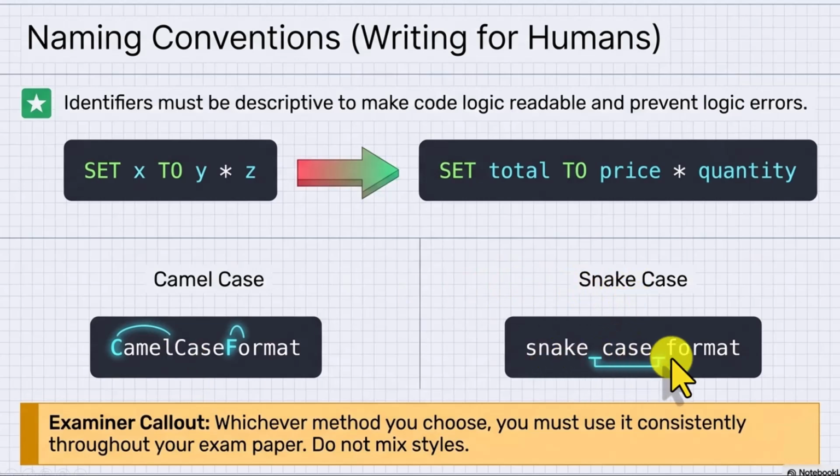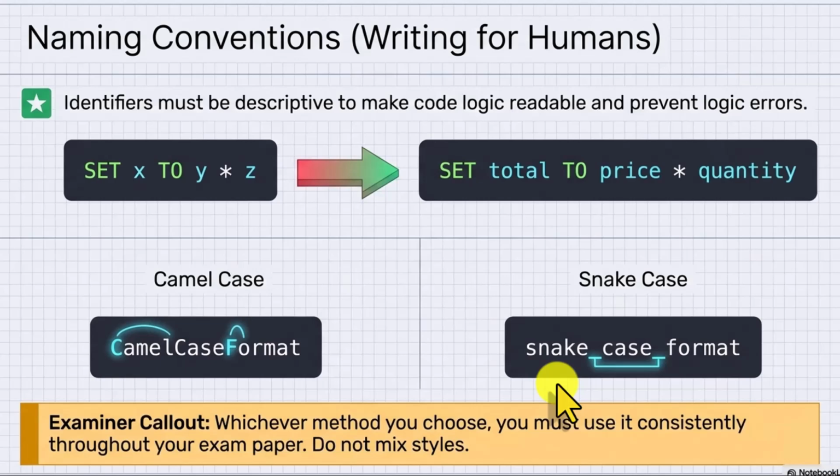And snake case, between the words you use an underscore. You have to remember one thing: whichever method you choose, throughout your complete exam paper you have to follow the same thing. Do not mix, using camel case in the first line and snake case in the second line, or in different questions even. You have to use one of them throughout your complete paper. Clear? That one you have to understand.